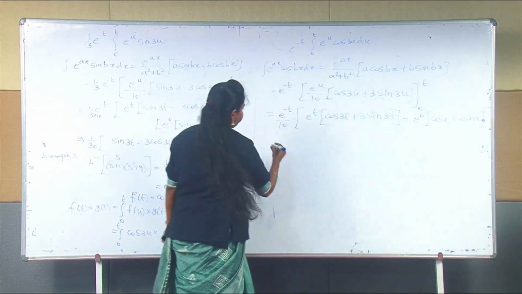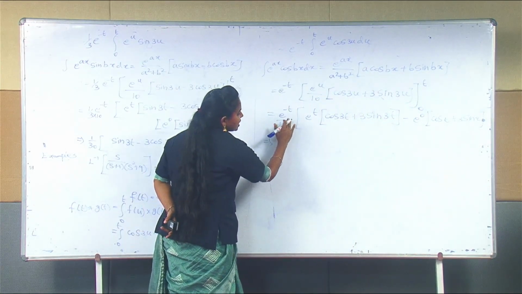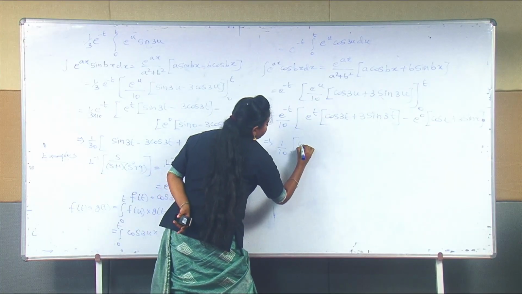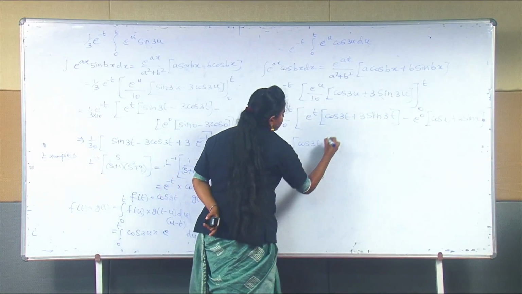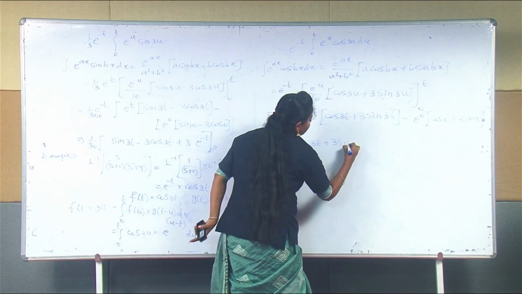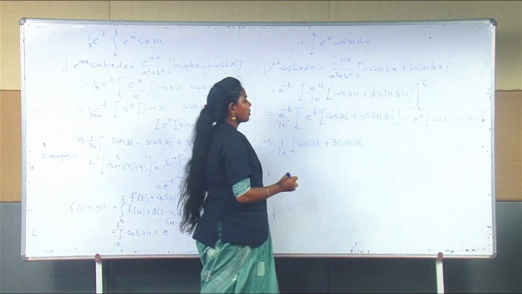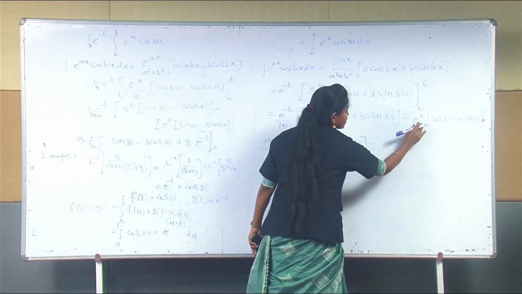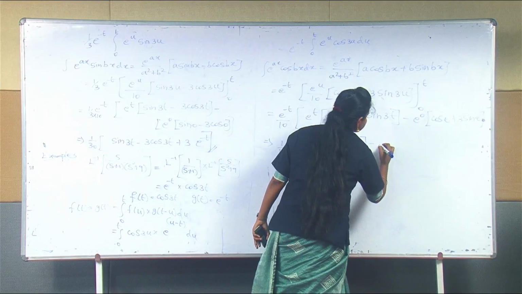So now I am going to multiply by e power minus t, and we get cos 3t plus 3 sin 3t minus cos 0, which is 1.